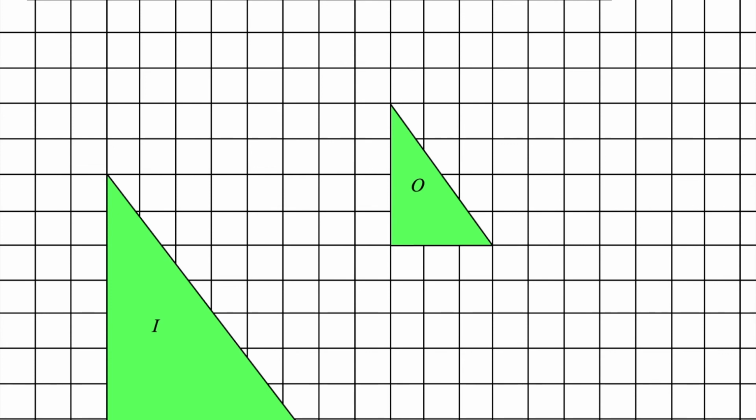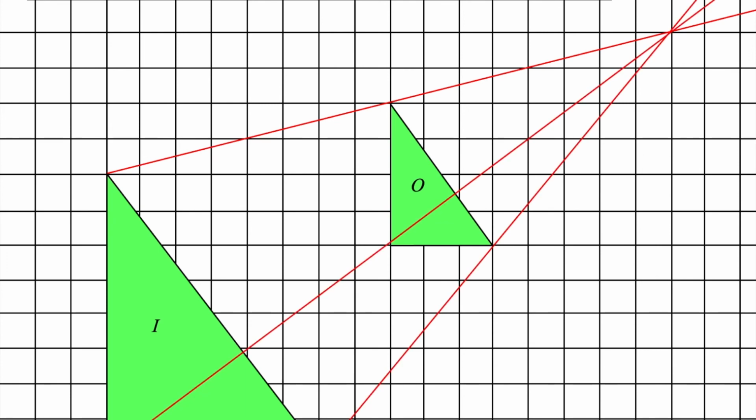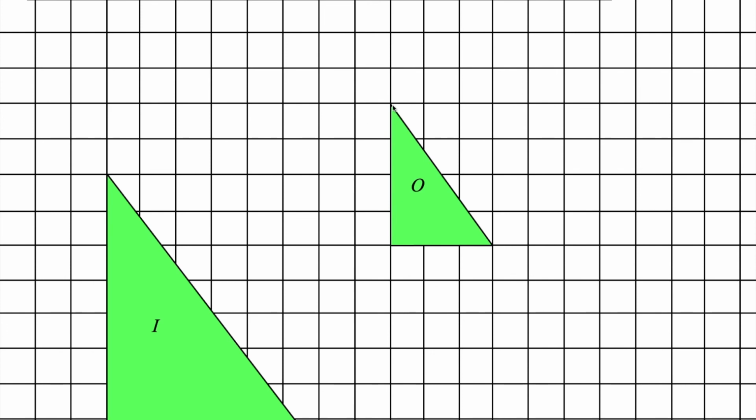Or it could be this one here where they give you two images and they say figure out where the center of enlargement is. So you will still draw your construction lines from points to points. This point corresponding to that one, this one corresponding to that one, this one to that one.